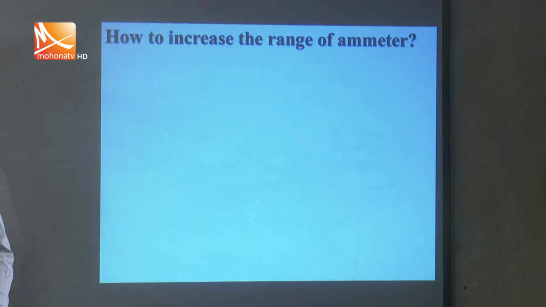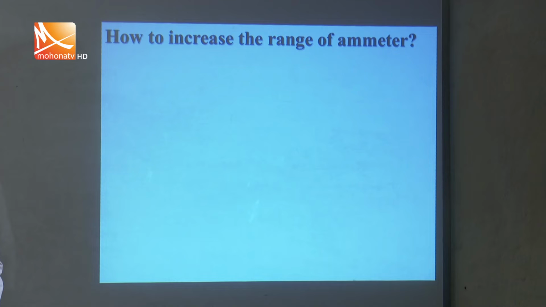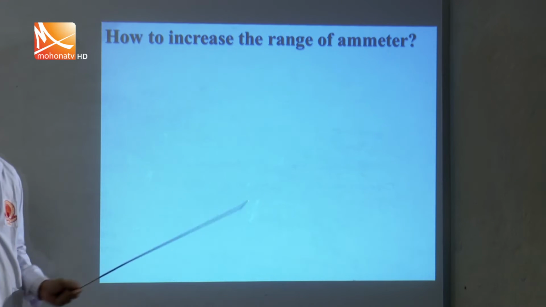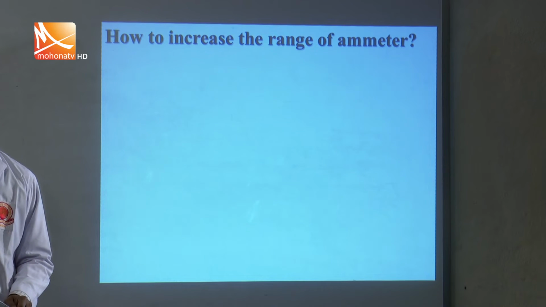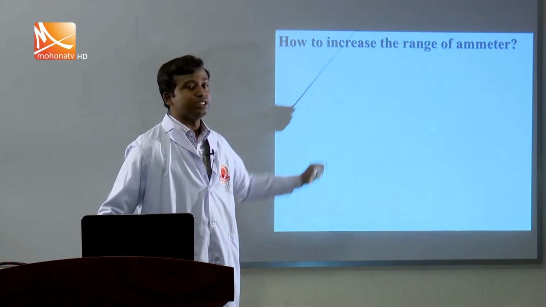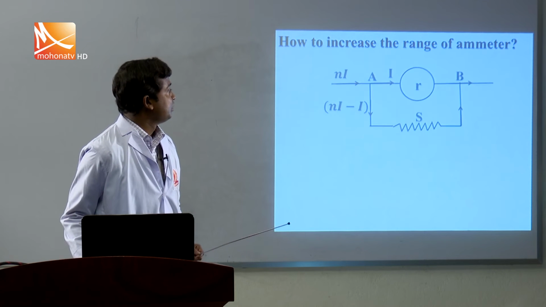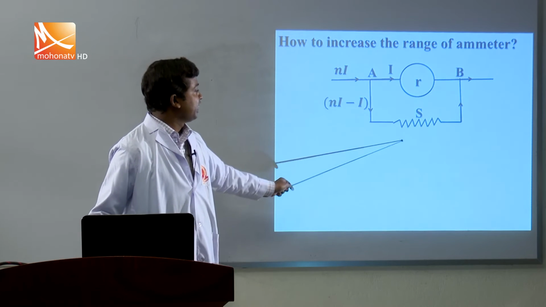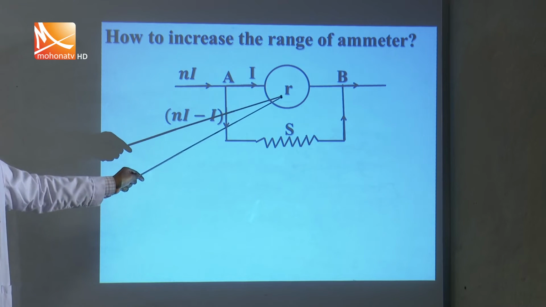That means an ammeter that can measure a small amount of current is to be converted into an ammeter that can measure a huge amount of current. This is the range. In order to measure the desired amount of current, we have to change the range of the ammeter. To do this, we just have to arrange another resistance in parallel combination with the ammeter.